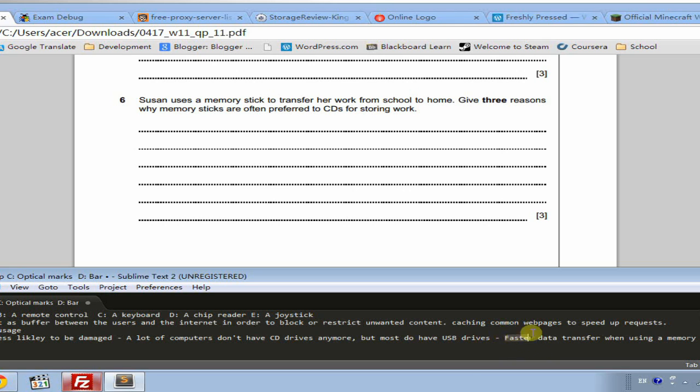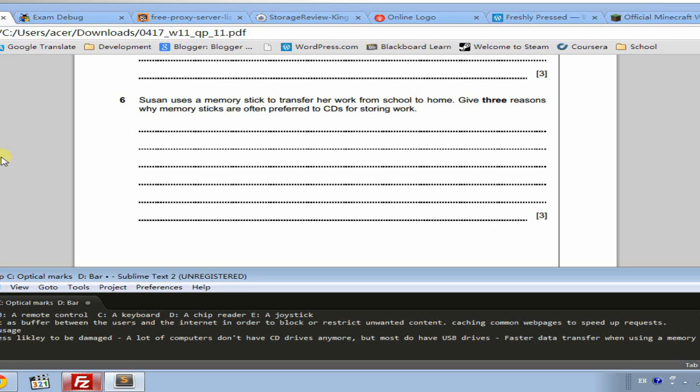So you've got to give reasonably full answers. So faster data transfer when using a memory stick over a CD. And make it clear which one you are talking about. Because people often lose marks by saying it's faster, but they don't specify if they mean the CD or the memory stick. Again, you'd probably be fine, but if you're aiming for high marks, you want it to be very precise.